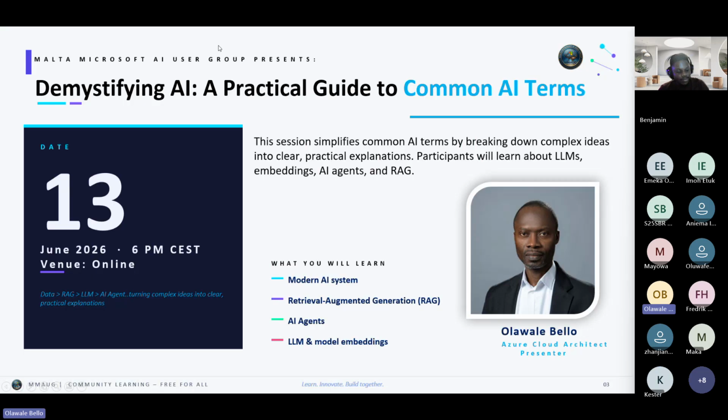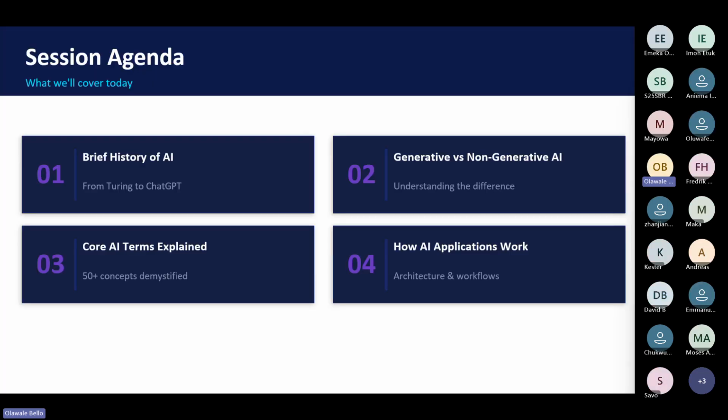Without any further delay, the agenda for today's session: before we dive deep into discussing the commonly used AI terms, it makes sense to briefly discuss the history of AI, how AI started to where we are today in the AI space.